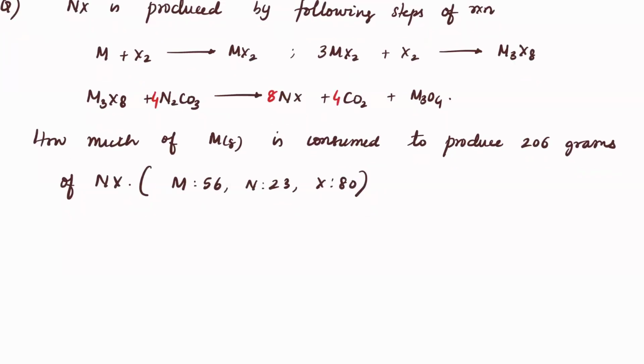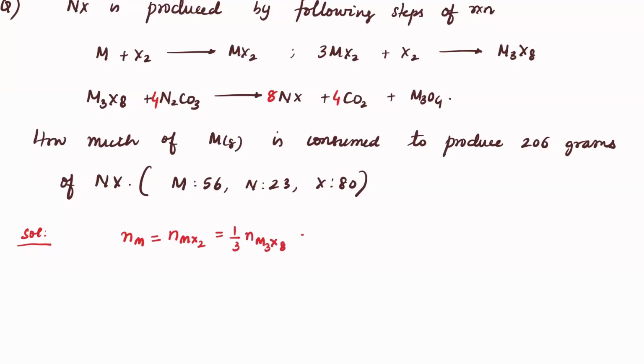Based on that, you have to calculate this. So what we can say here is that the number of moles of M will be the same as the number of moles of MX2, because you see the mole ratio is 1:1, correct? And for every 3 moles, I'm getting 1 mole of this, which means it will be 1/3 moles of M3X8, right?